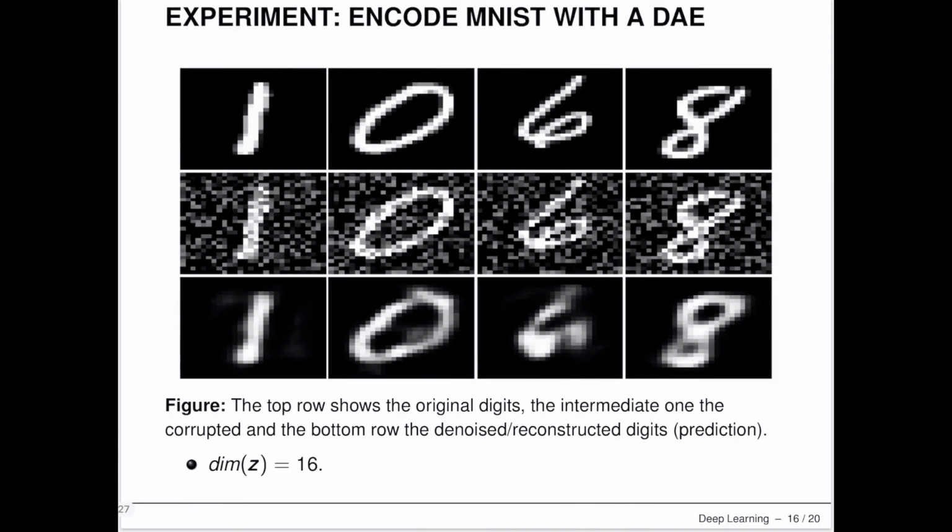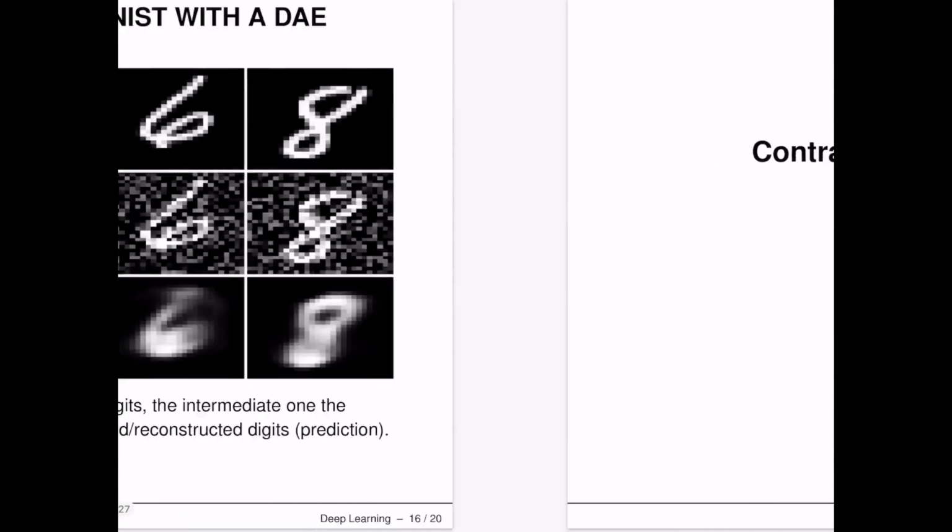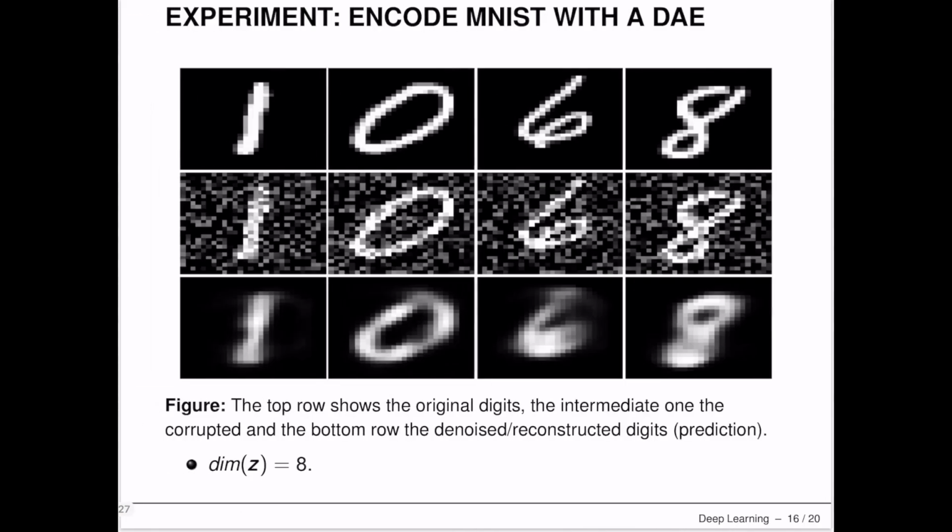But if we get to very few neurons, the reconstruction again gets very blurry and maybe at some point unclear which kind of digit was encoded. But this shows that the noise hinders the model from just copying, even with an overcomplete architecture.